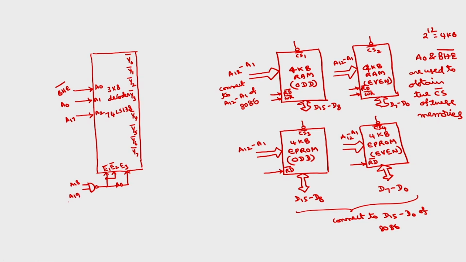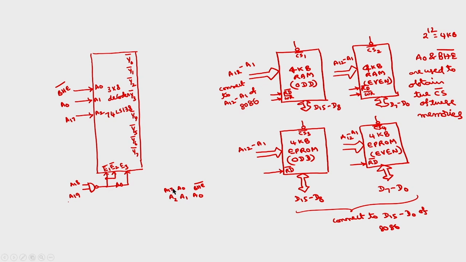Now, how to select CS1, CS2, CS3, CS4? This depends upon A0 and BHE bar. So, I can form a table now. For the decoder inputs A2, A1, A0: A0 is connected to BHE bar of the microprocessor, A1 is connected to A0 of the microprocessor, and A2 is connected to A17 of the microprocessor.